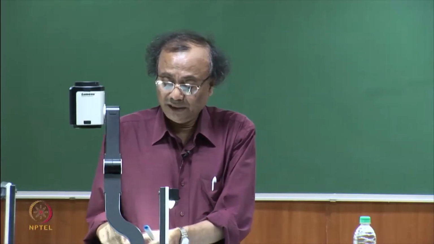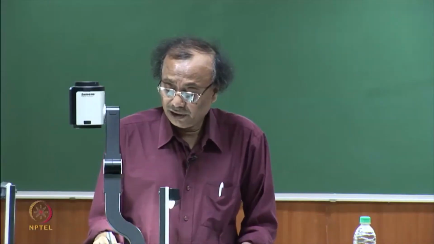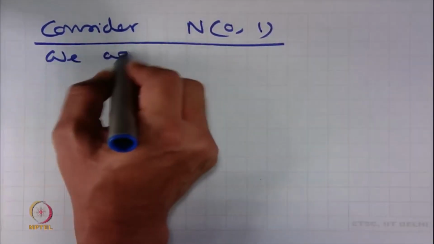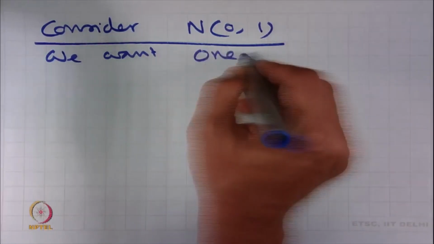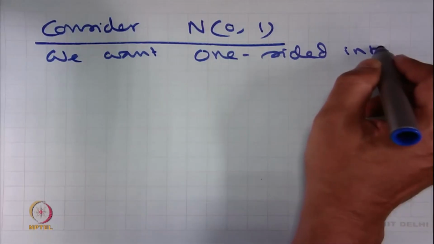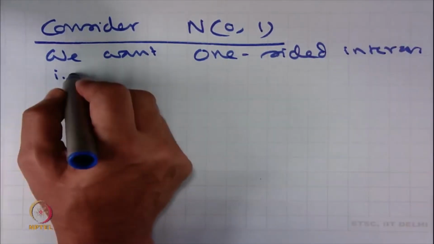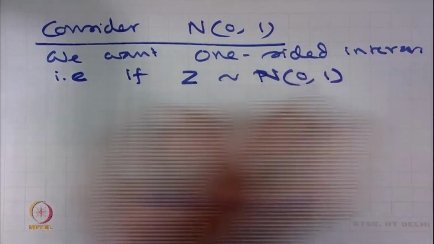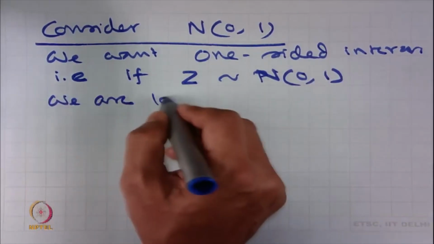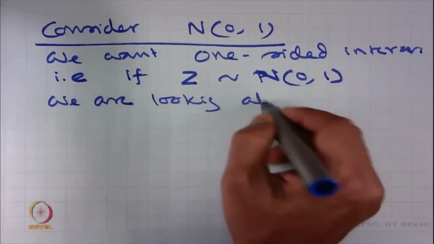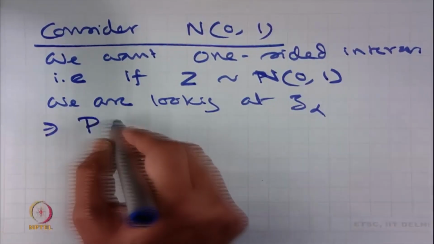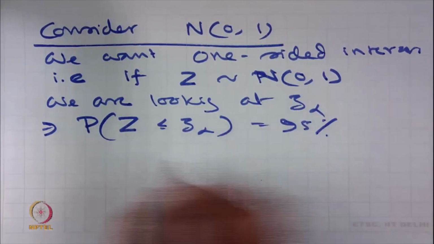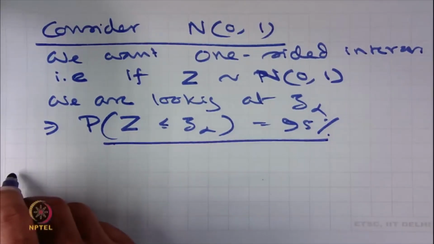If we want to take a one sided interval, say consider normal 0 1 and we want a one sided interval, that is, if z follows normal 0 1, we are looking at z alpha such that probability z less than or equal to z alpha is equal to say 95%, then it is a one sided interval.